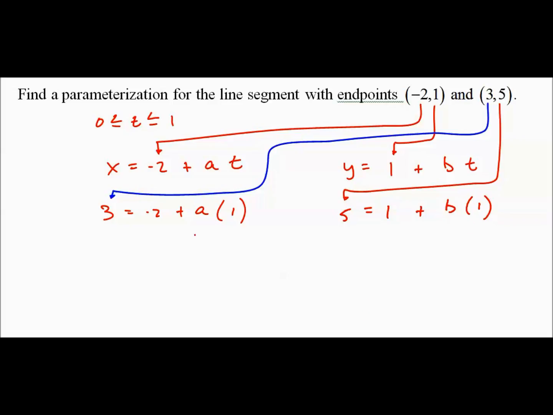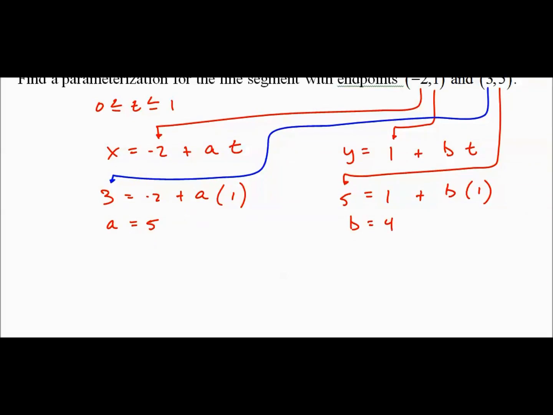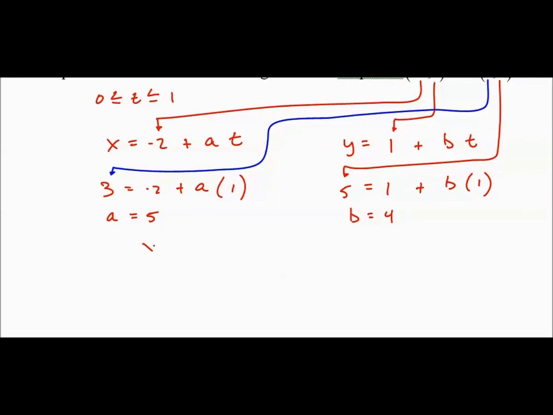And then we solve these. a is 5, b is 4, and then we write them out. x equals negative 2 plus 5t, y equals 1 plus 4t, where 0 is less than or equal to t, less than or equal to 1.